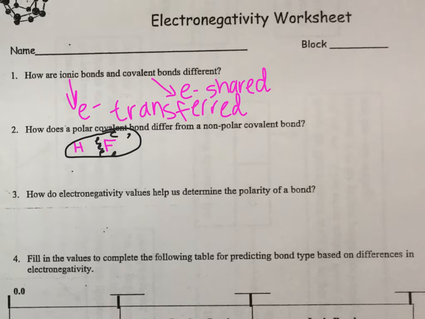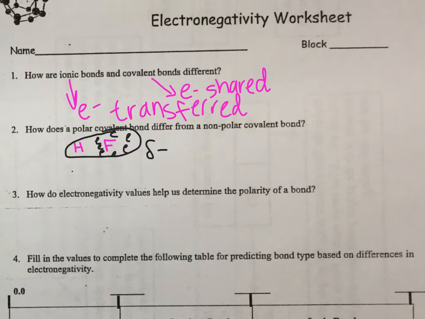Fluorine has a very dense electron side. If all the electrons are leaning on that side, it's more negative, right? So what we call it is not a negative side, it is a partially negative side.